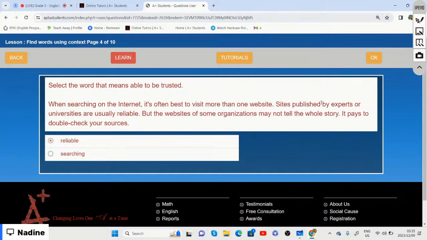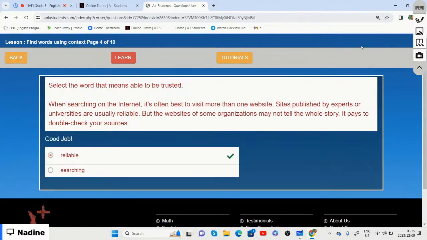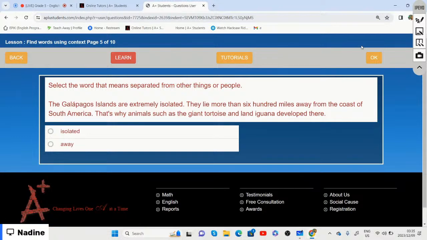So we'll say it's reliable. You're able to trust that person. You can count on that person, right?